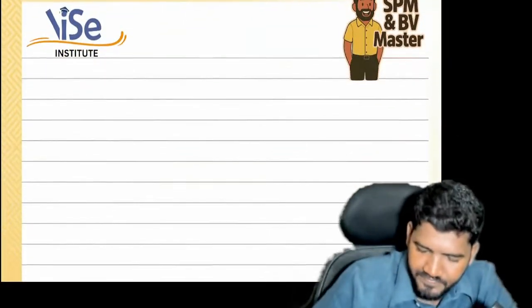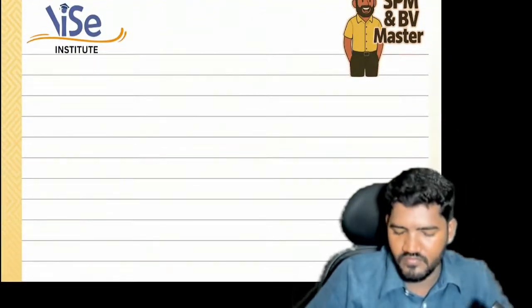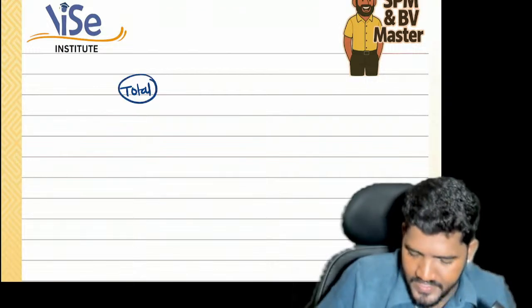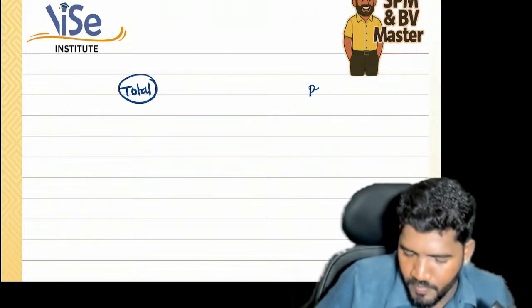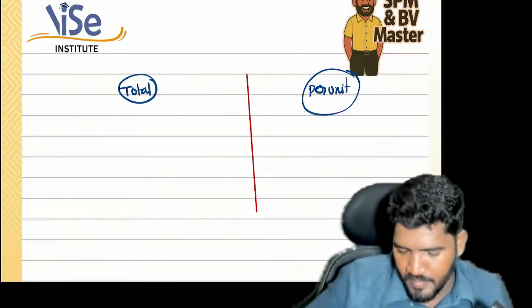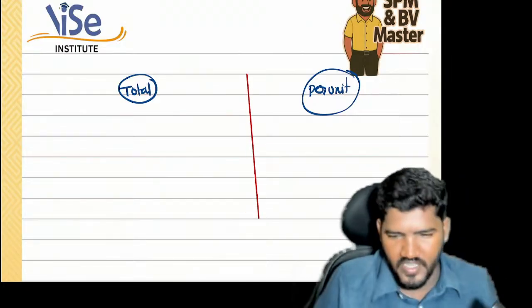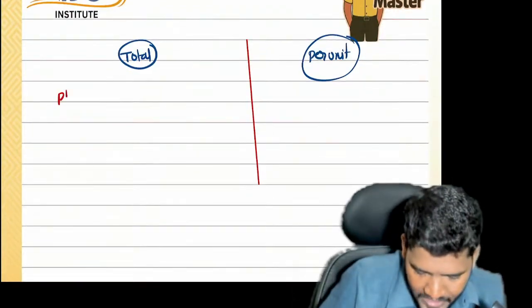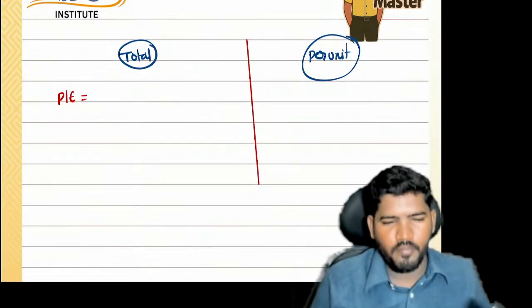Let us check. From a total point of view, we use calculation, and from a per unit point of view also. First I will explain for only one ratio, and the remaining are all the same. So take the PE ratio, the price earning ratio.